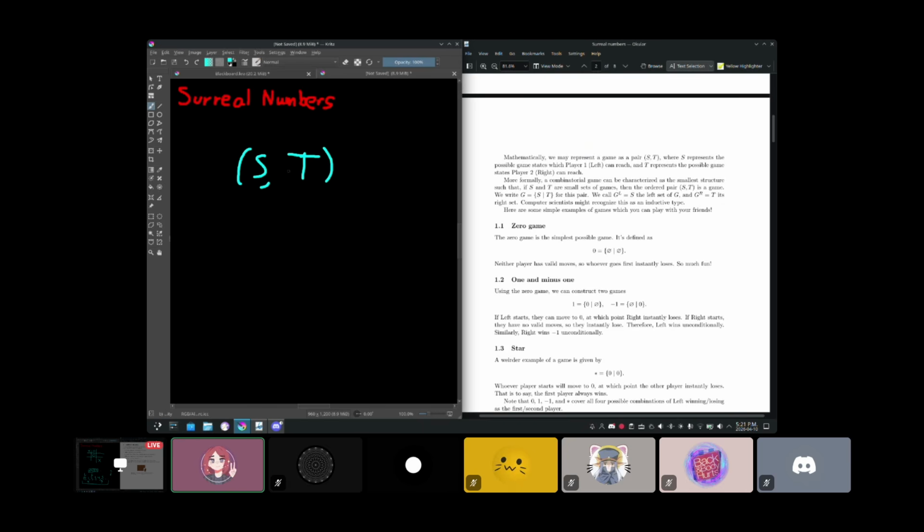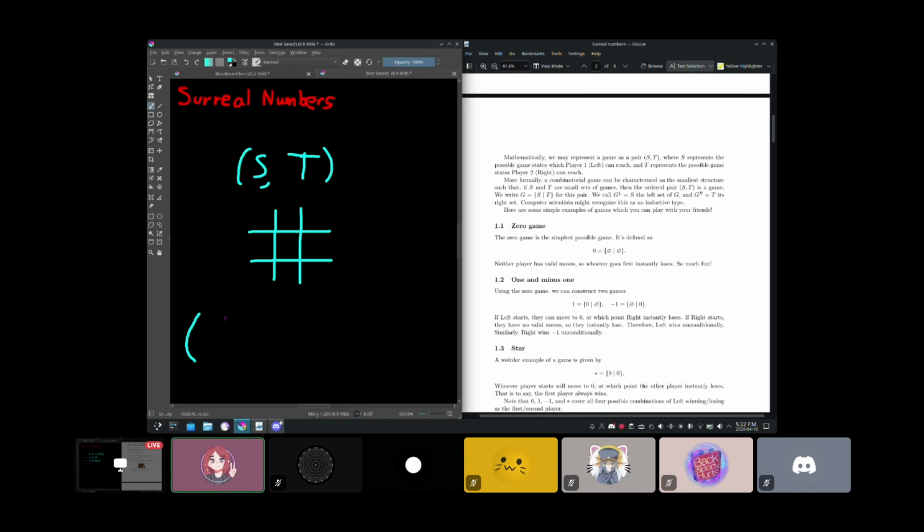To give an example of how this works in practice, we could take tic-tac-toe again, which isn't a combinatorial game in the strict definition, but we can still use it to get the idea. So, what would tic-tac-toe look like as a pair?